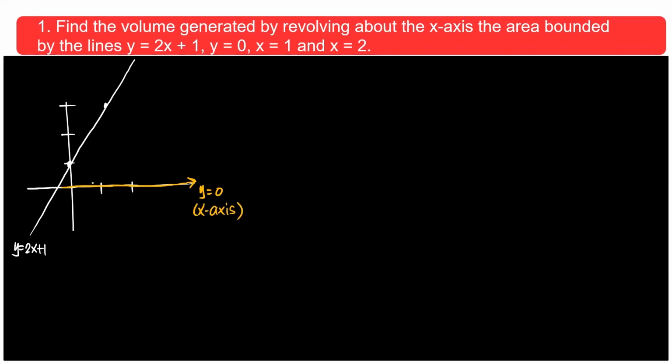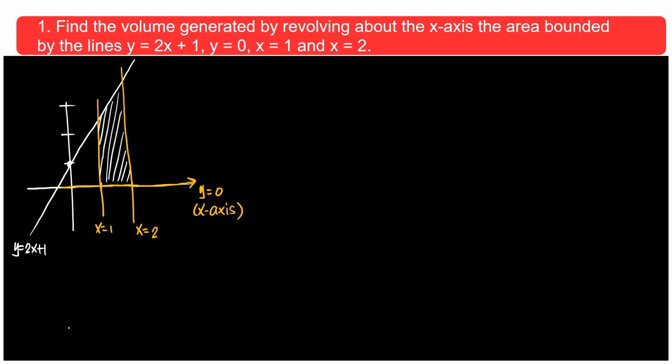Okay. X equals 1 and x equals 2. So I'll just say x equals 1, x equals 2. So it's this portion. It's not drawn to scale.